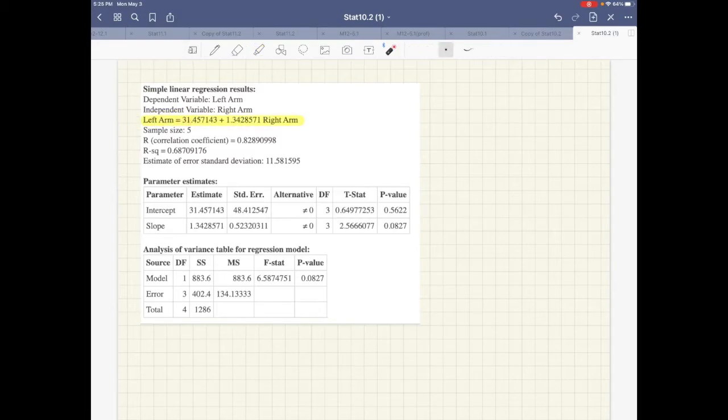Y hat equals 31.46 plus 1.34 times x. I rounded to 2 decimal places here. However, you should always read the instruction.